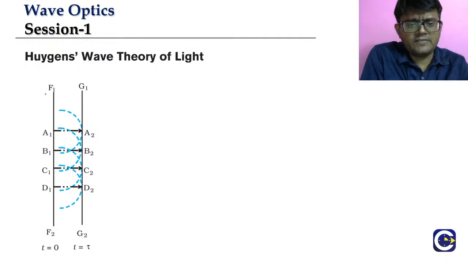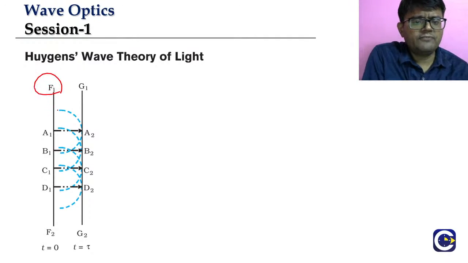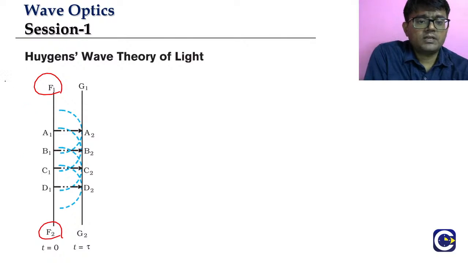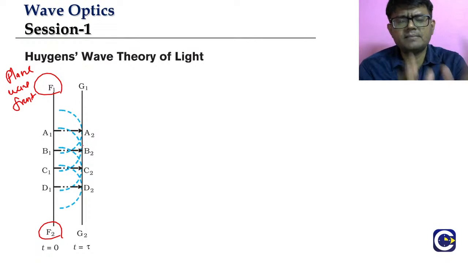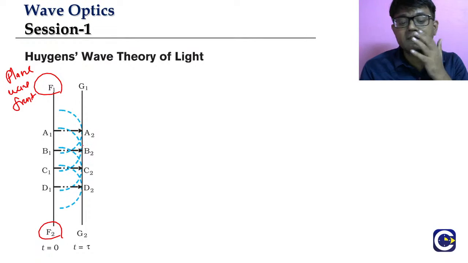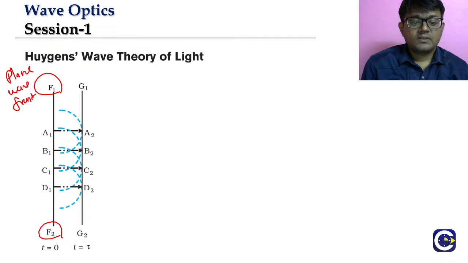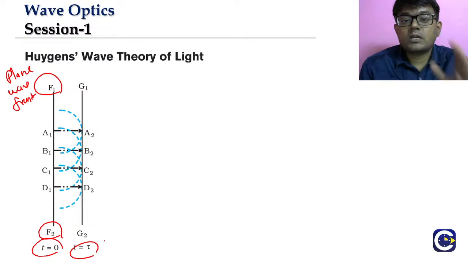Now we can have it for the plane wavefront also. Say for example, this is our F1, F2. This is a plane wavefront that we see at some time t, and we can say this is our starting time also. From there, we want to understand what will be the position of the wavefront after some time tau.